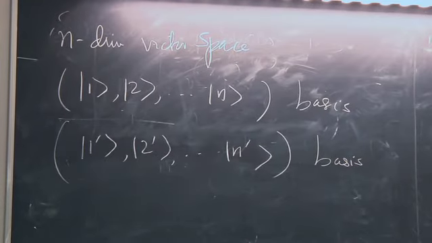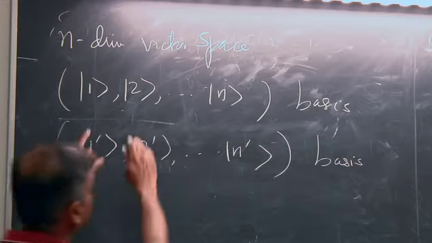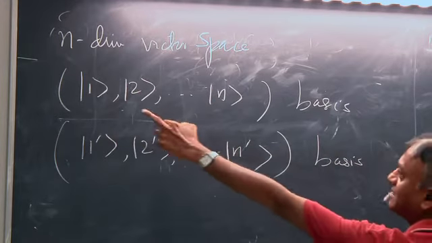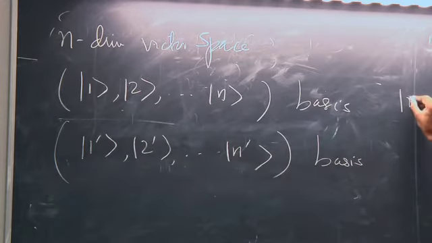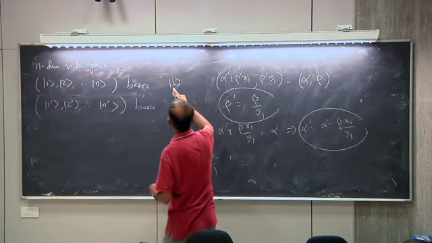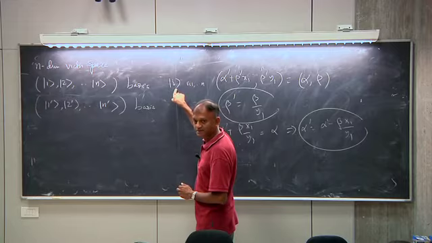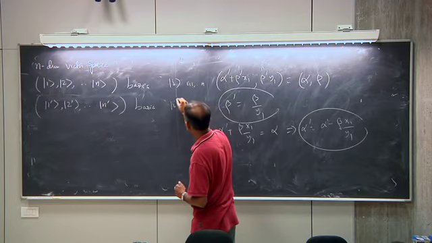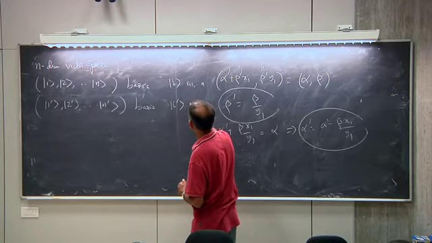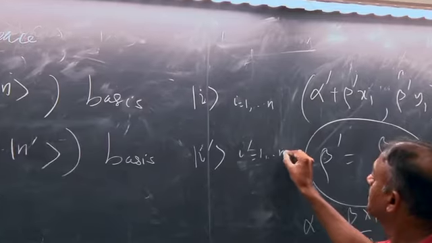Say I'm given this basis. Instead of writing n of these vectors, I will just put e_i, where i goes from 1 up to n. That forms a basis. And here again, I will put e_i prime, where i prime goes from 1 to n.